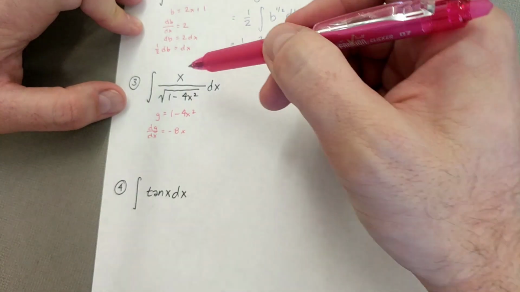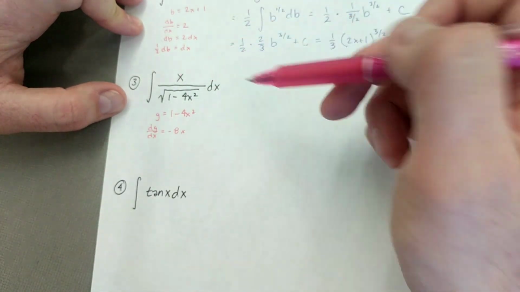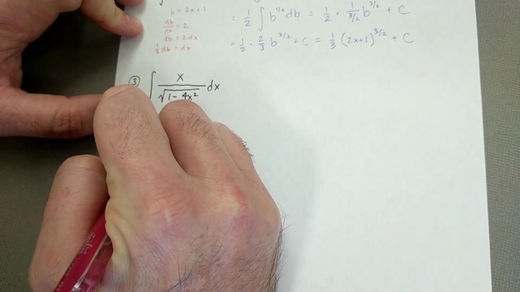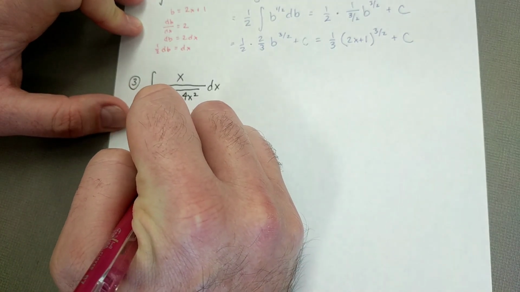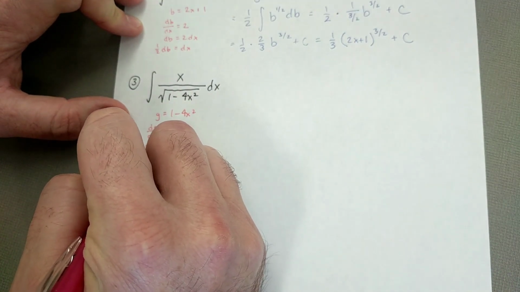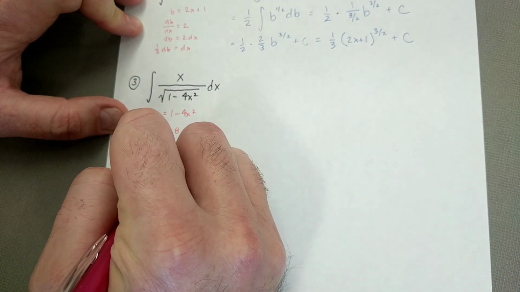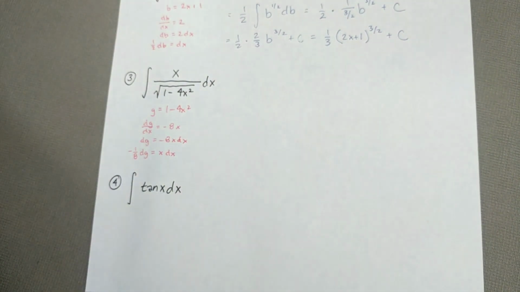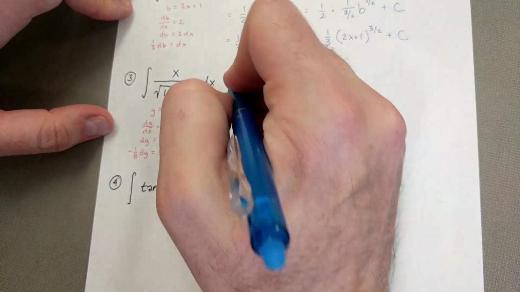We want to isolate x dx. That's what's left over. So that's going to be a dg equals negative 8x dx. Divide both sides by a negative 8. And so we get this. All right, so let's make our substitutions here.